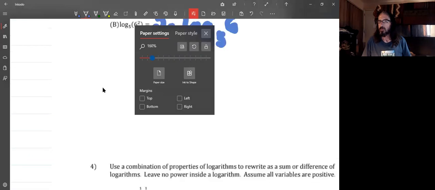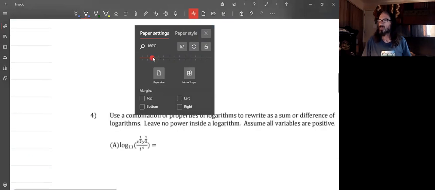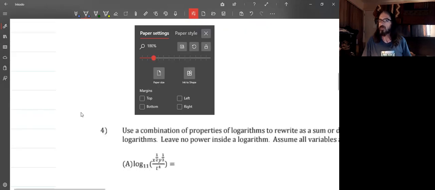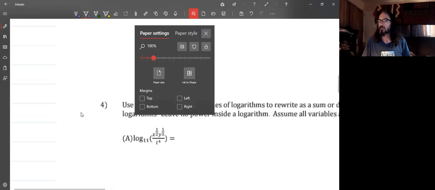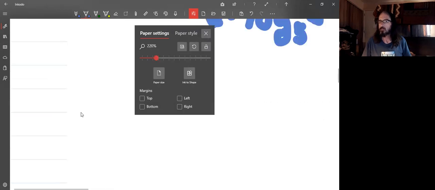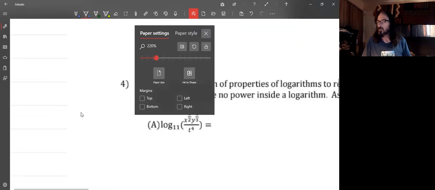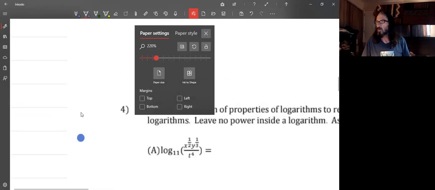Well, doing this is kind of like reversing the order of operations. I'm going to deal with the multiplication and division first, and then the power last. So let's see here.